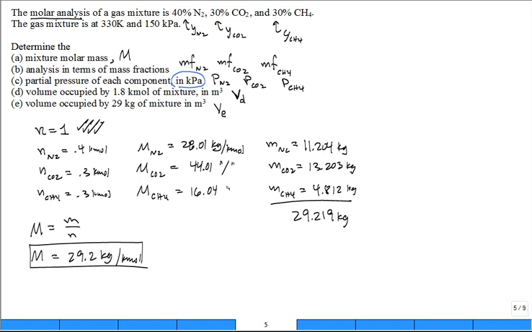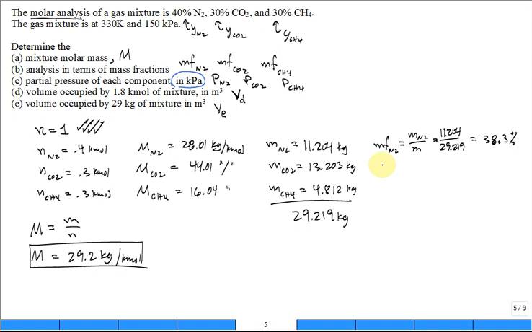What is the mass fraction? Well, the mass fraction of the nitrogen, is that going to be the mass of the nitrogen divided by the total mass of the mixture? And the mass of the nitrogen, 11.204 kilograms and 29.219 kilograms, giving us a mass fraction to be right at 38.3%.